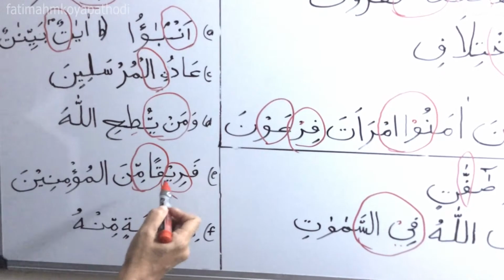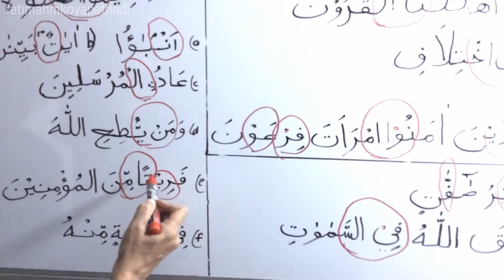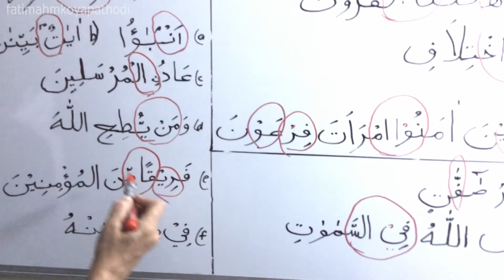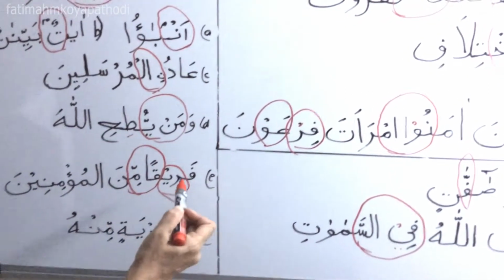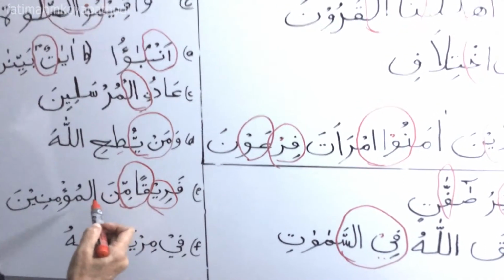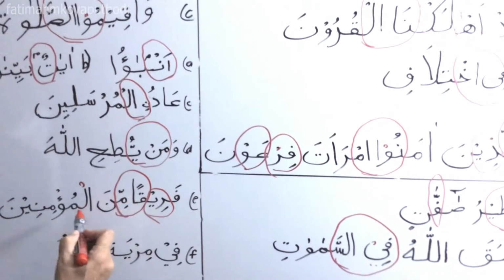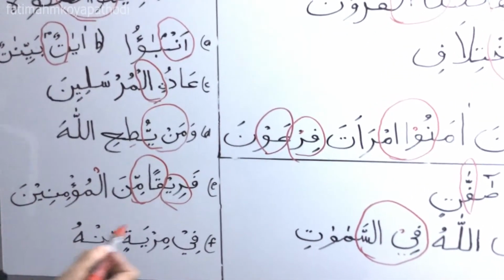Okay, so we're going to read fariqam. The noon is dropped and takes over the meme sound. So qam, and because of the shadda, you have to put stress. So fariqam minal. Oh, it should be a sukun here. Minal. Fariqam minal mu'minina.